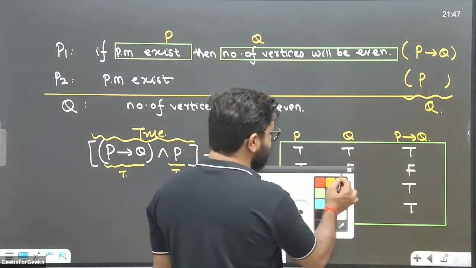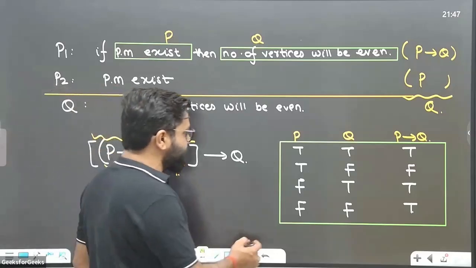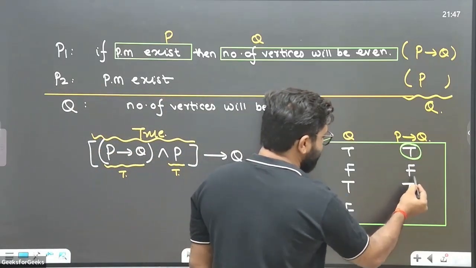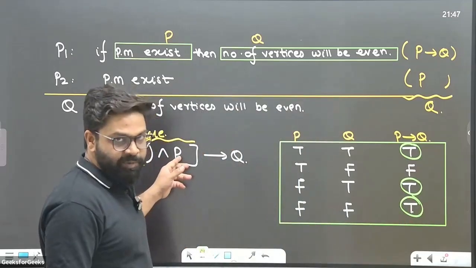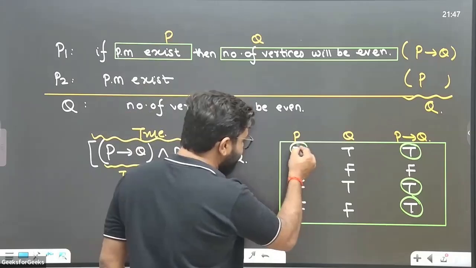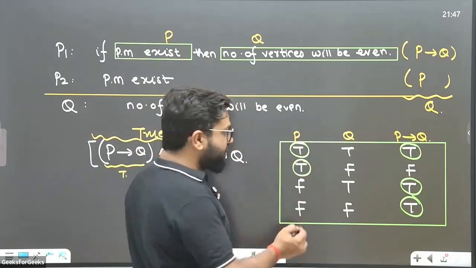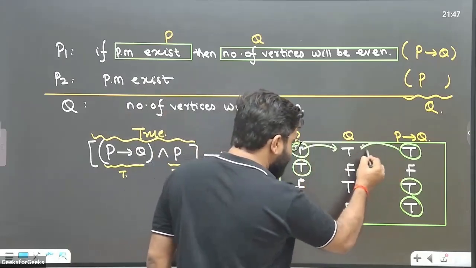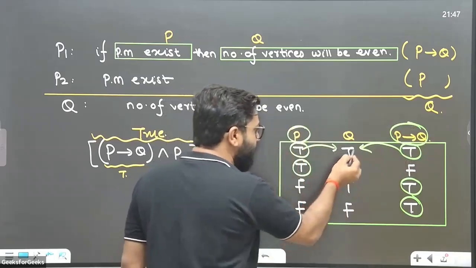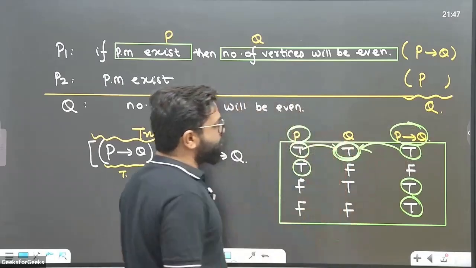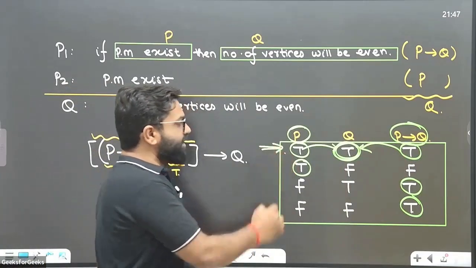Now try to understand this. According to the inference rule, for P implies Q, I have to take this statement as true. What should be the second premise? P. You have to take the second one also as true, but the second one is true only at this point. So I have to see the first row. If I take these premises as true, the conclusion is showing true every time. I hope you understand why I am taking only the first row.